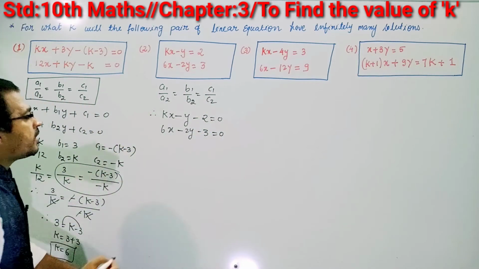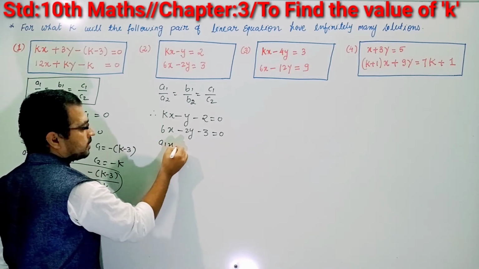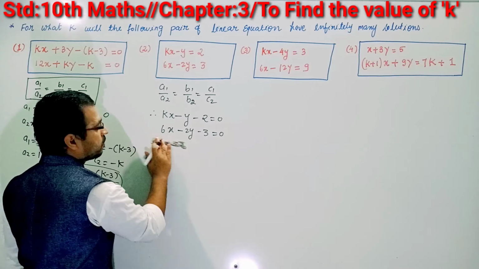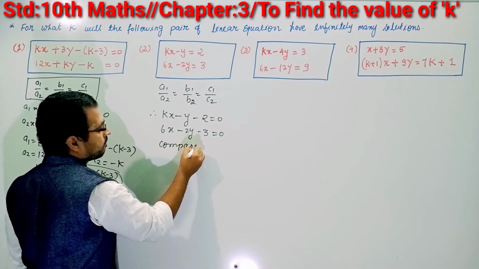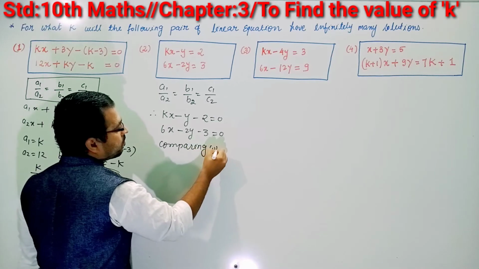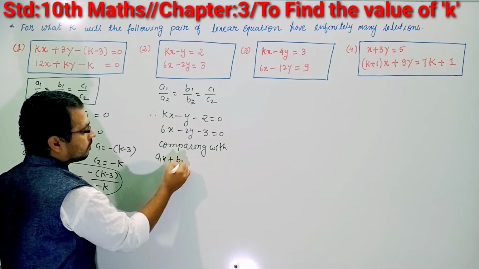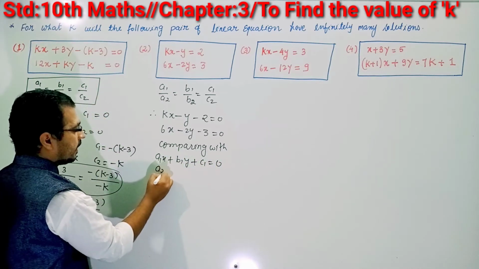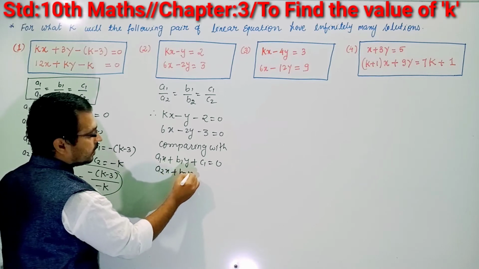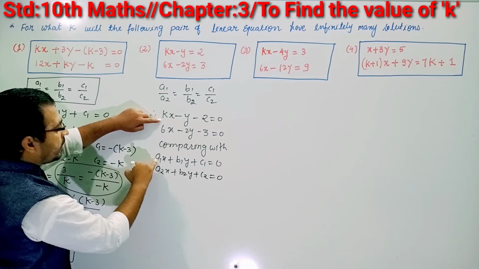Now we can compare these two linear equations with A1 x plus B1 y plus C1 is equal to 0 and A2 x plus B2 y plus C2 is equal to 0. What is the value of A1 here?